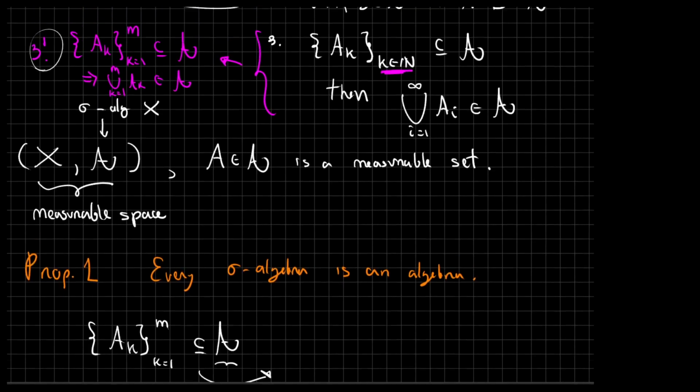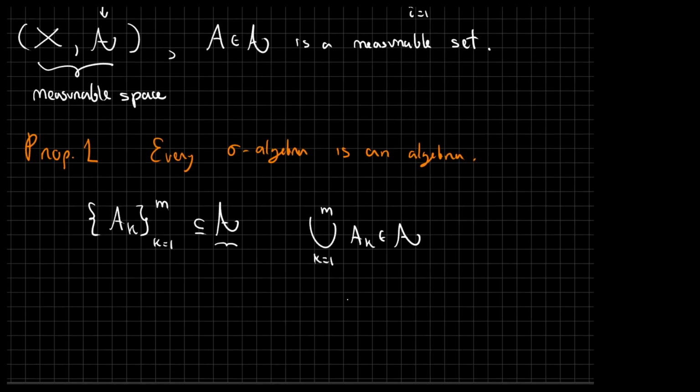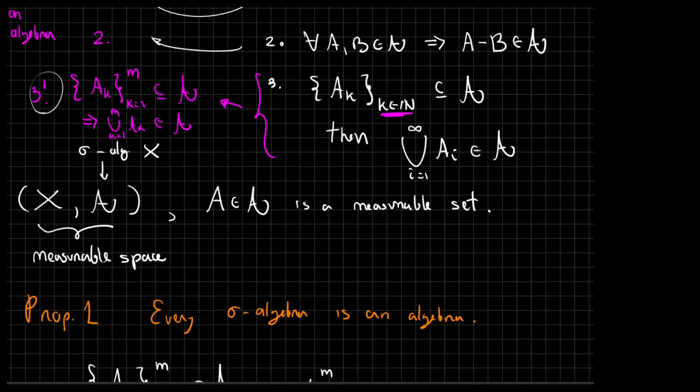We want to show that this finite union is an element of the sigma algebra, and this will make the sigma algebra an algebra. To do this, we want to prove this finite union, but we can only have infinite unions.